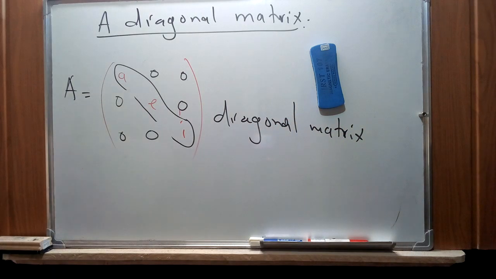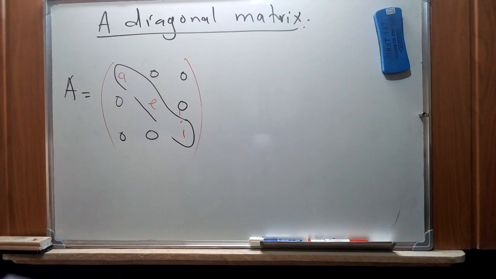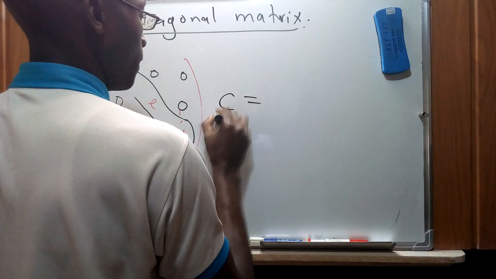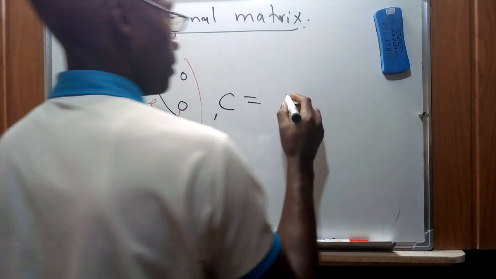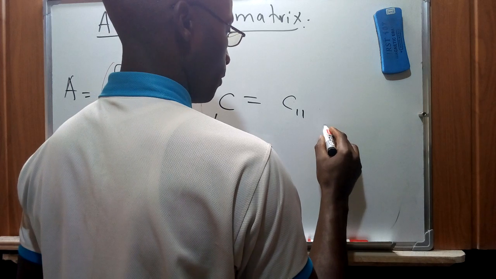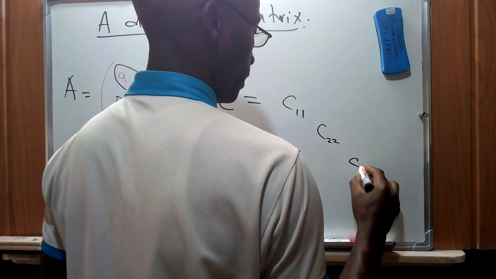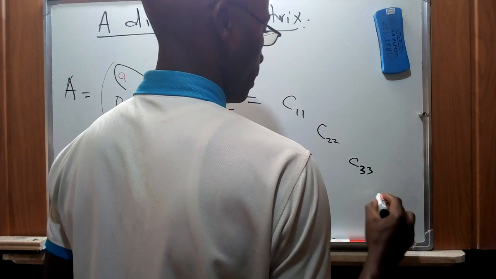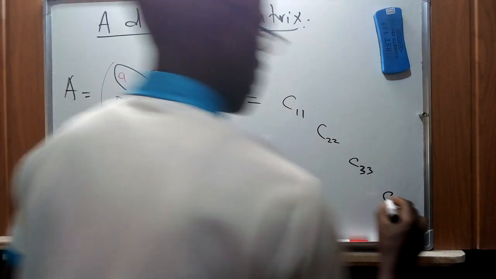For a diagonal matrix example, we can give a general representation. Suppose a matrix is given by the letter C. Now that we have been using A, we can give it a general representation as C with first row first column, and then C with second row second column, and so on.